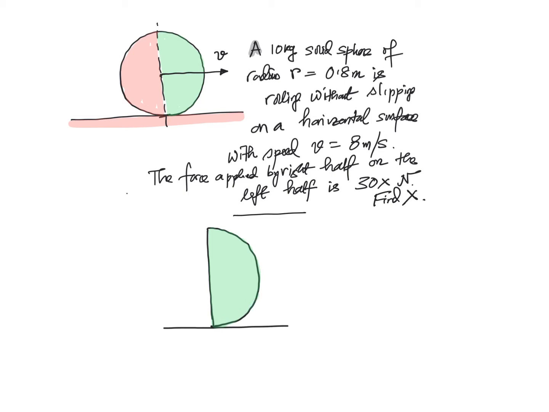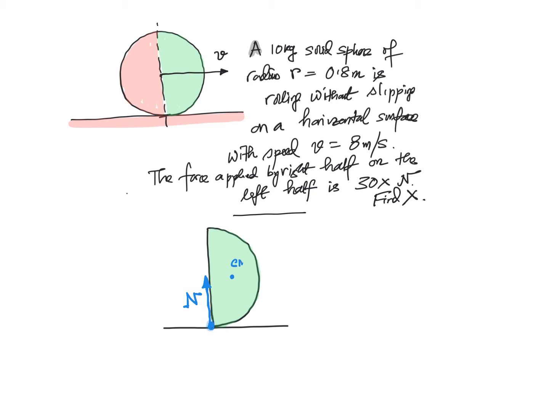Now what are the forces on this? So there is a normal reaction, like this, and there is no friction. We all know that friction force is 0. So there is a normal reaction, pure rolling, friction force is 0. Okay, so let us look at the center of mass.